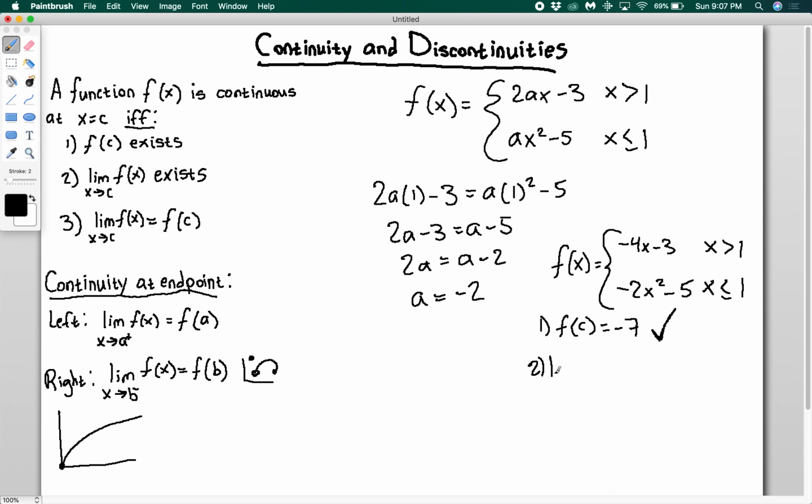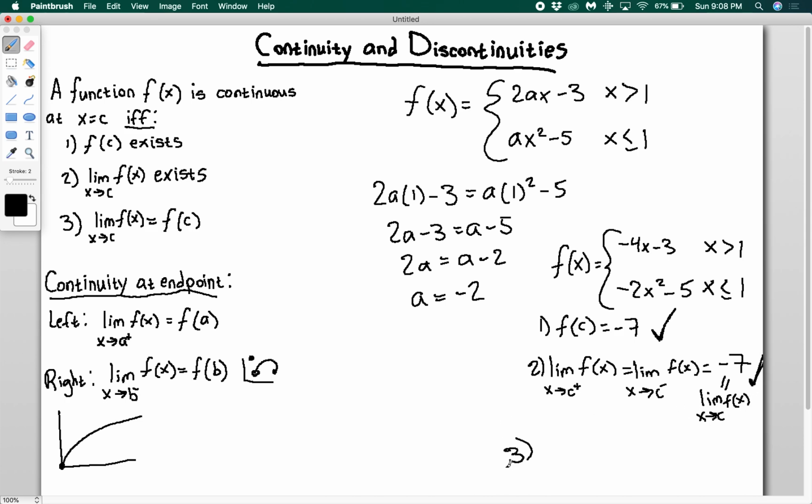So the limit as x goes to c from the right of f of x is equal to the limit as x goes to c from the left of f of x, and it equals negative 7. Therefore, this also equals the limit as x goes to c of f of x because they match. So this is another condition that is satisfied.